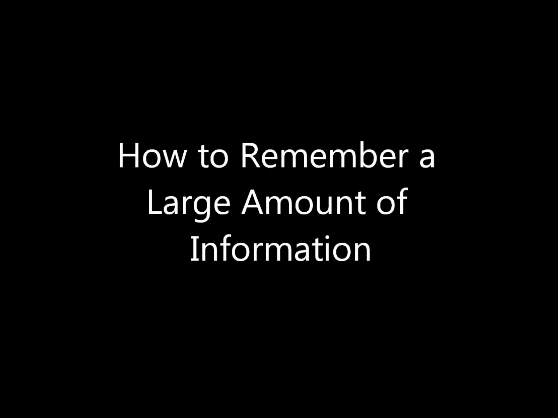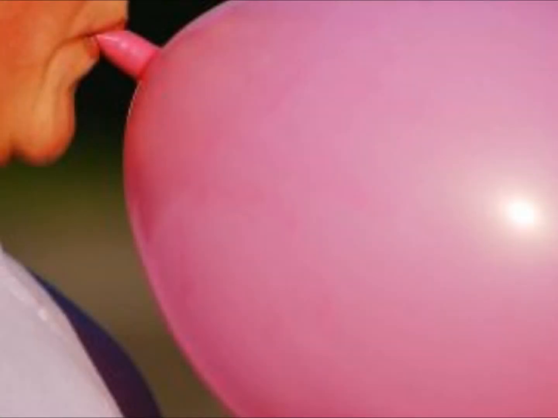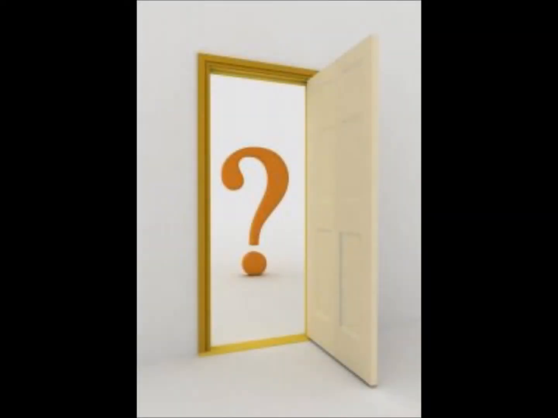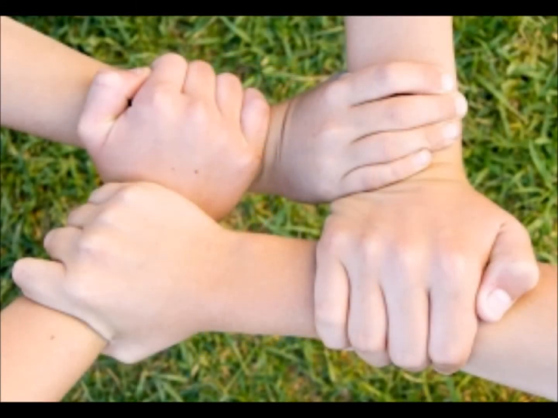Now, the next memory technique in this section is the obviously titled How to Remember a Large Amount of Information. This one expands on the principles introduced in the first technique. Again, you use crazy imagination to make each cue distinctive and join them all together by association.